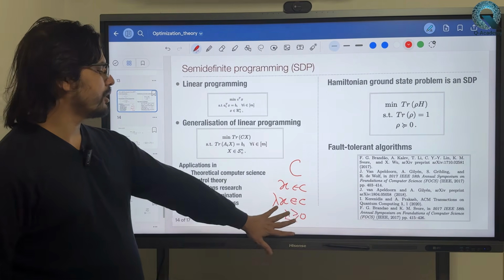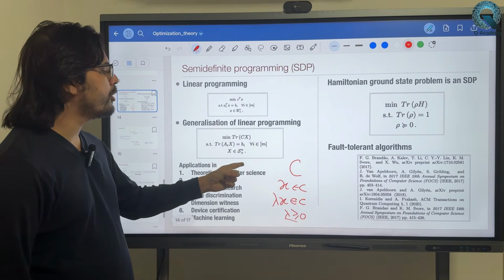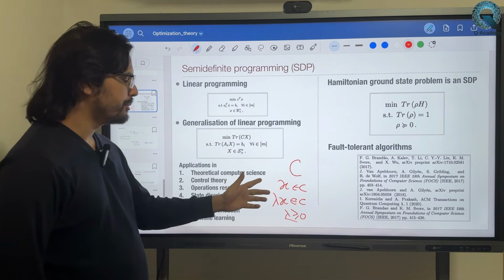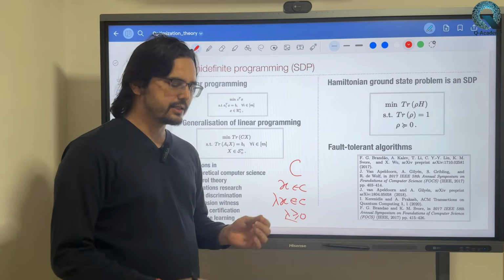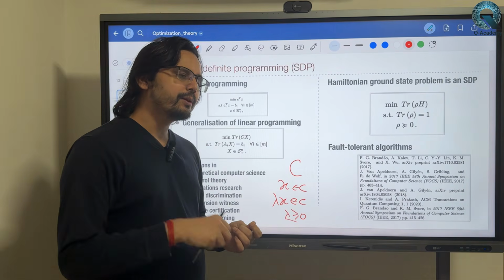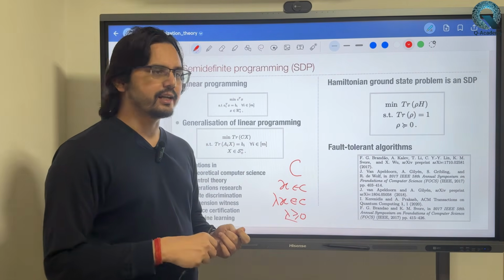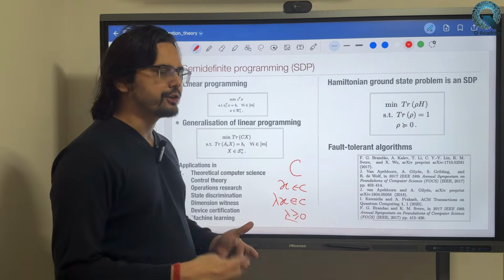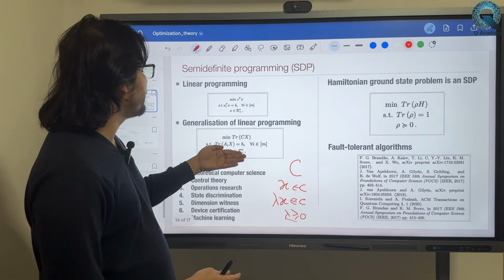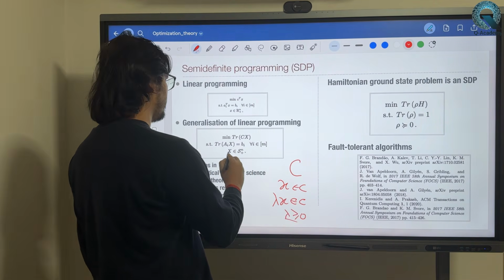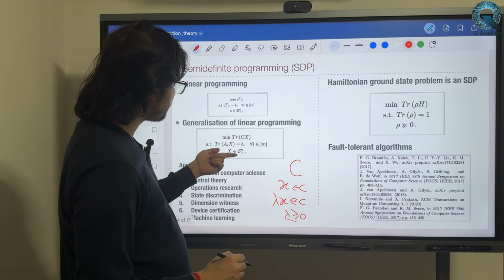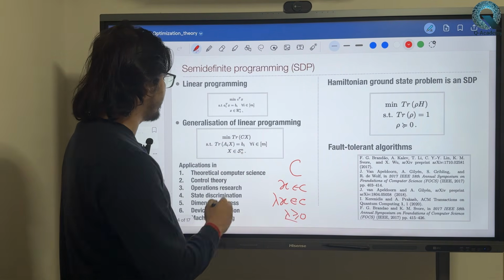So this is what a cone means. Here we have a cone of positive semi-definite matrices, because you can take a positive semi-definite matrix and multiply it with any non-negative scalar and it will still be positive semi-definite.